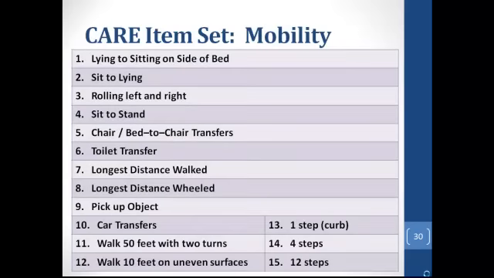In the mobility set, there are items for lying to sitting, sit to lying, rolling left and right, sit to stand, chair or bed to chair transfers, toilet transfers, longest distance walked and longest distance wheeled, picking up an object, car transfers, walking 50 feet with 2 turns and walking 10 feet on uneven surfaces, as well as going up and down 1 step, 4 steps, or 12 steps.